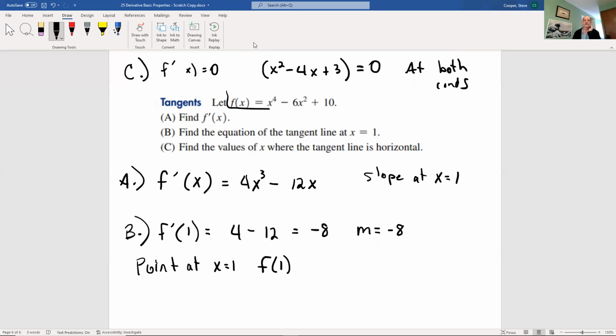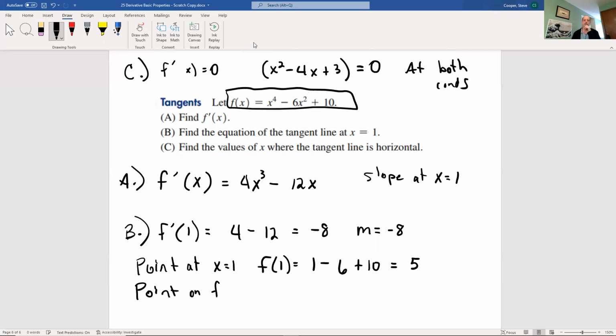So going back to f of x, I'm going to take 1 minus 6 plus 10. Okay, so it's 5. So now we know that the point on f is at x equals 1 and y equals 5.